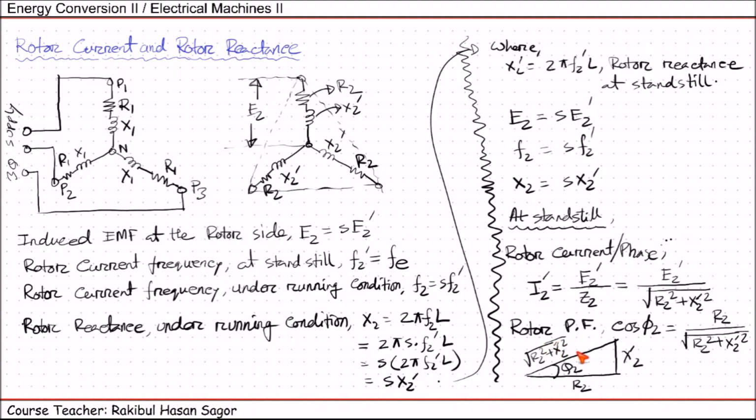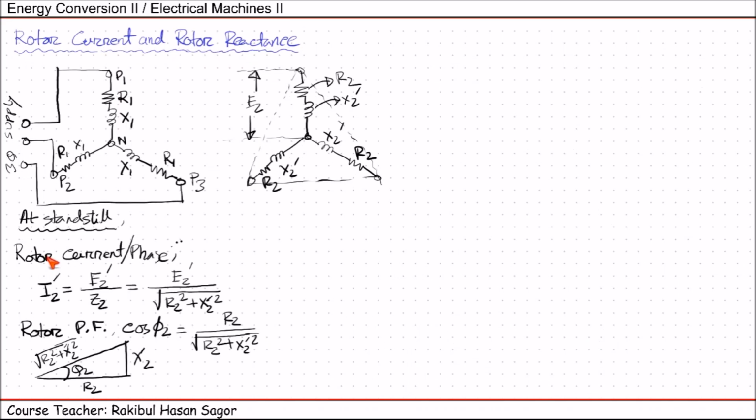So in order to get this cos phi 2 value, we need to divide R2 by root over R2 square plus X2 prime square. We will get the cos phi 2 value that will give us the power factor. So this is the rotor current per phase under standstill condition.